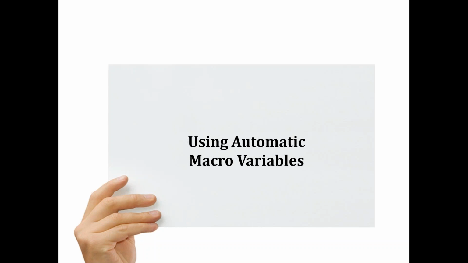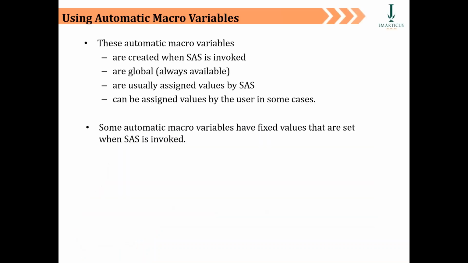Now coming into using the automatic macro variables. The automatic macro or the global macro variables are created when SAS is invoked. That means we are initiating the SAS session itself. They are global. That means always available, usually assigned values by SAS, and can be assigned values by the user in some common cases. We can actually change those.